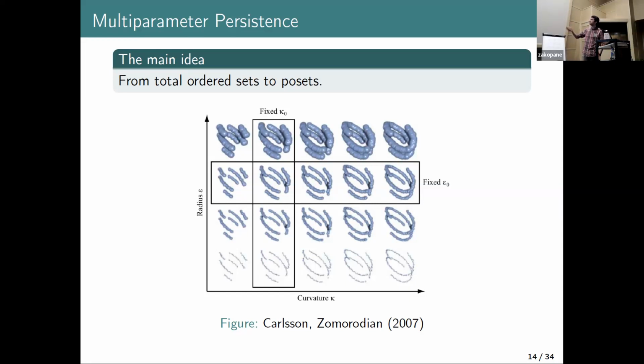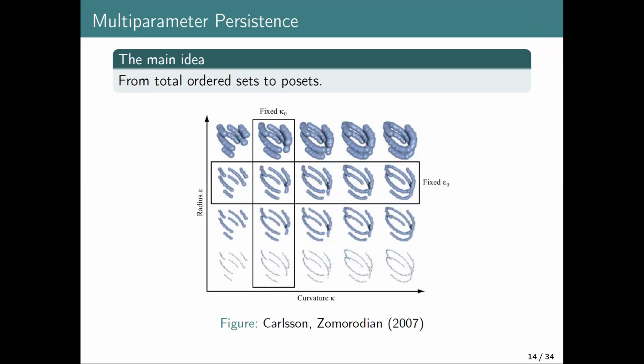So here you have a two-parameter family of nested complexes, and you're interested in looking at what happens over here. I don't have time to go into details, but when you go to multi-parameter, posets are more complicated objects in general than just ordered sets, and so funky stuff happens. But I'm happy to take questions if you're interested.